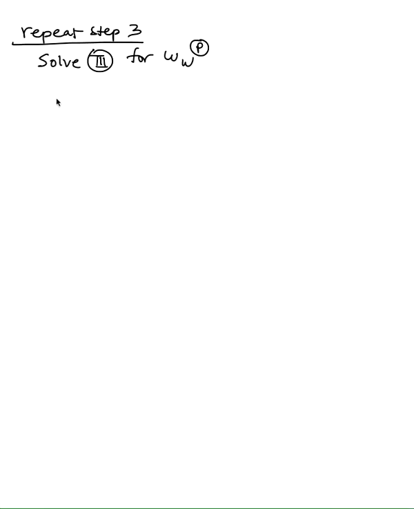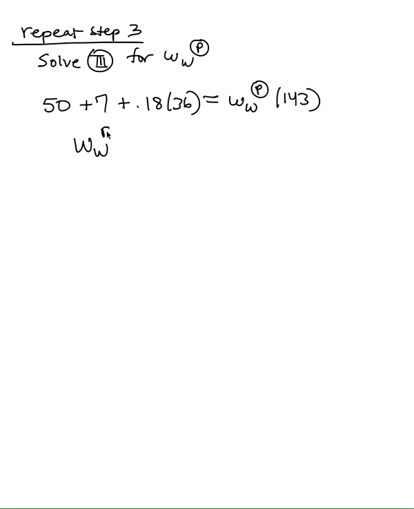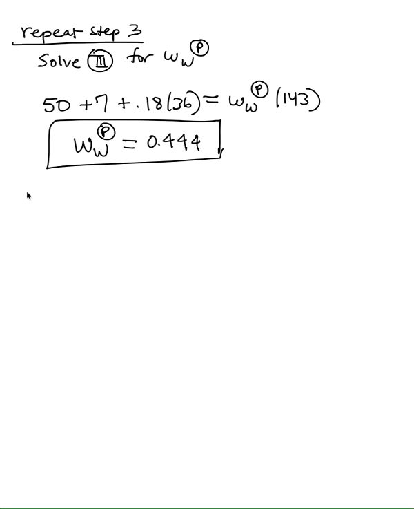So we're going to have 50 plus 7 plus 18% of 36 is equal to the mass fraction of water in stream P times 143 grams. Now when we solve it, we find out that the mass fraction of water in stream P is actually 0.444. Everything else should be correct, so my mistake only messed up that one answer.